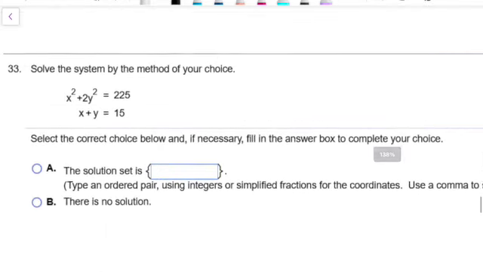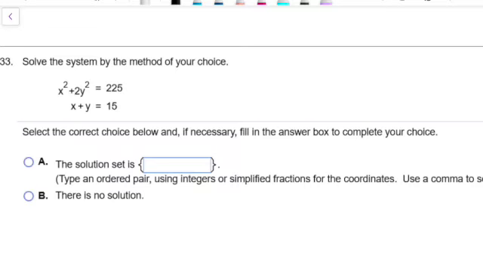All right, last one. I'm going to do substitution methods. I'm going to say y equals 15 minus x. And where there is a y, I'm going to plug in x. Okay.